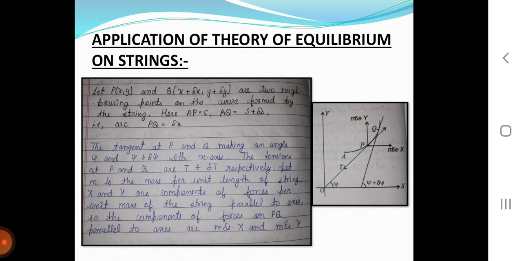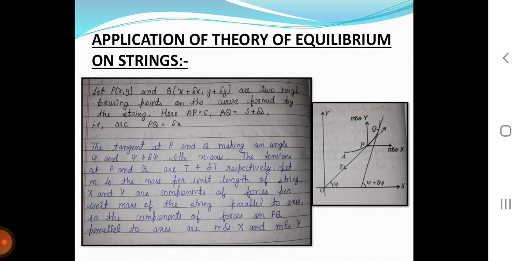Here AP equals s, AQ equals s plus del s, and arc PQ equals del s. The tangents at P and Q make angles psi and psi plus del psi with the x-axis. The tensions at P and Q are T and T plus del T respectively.